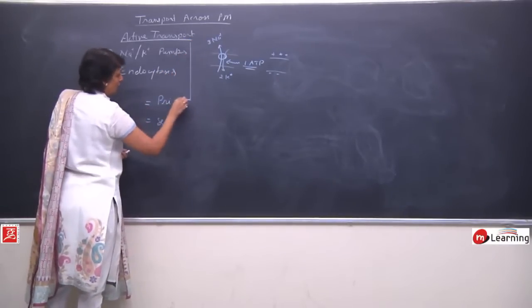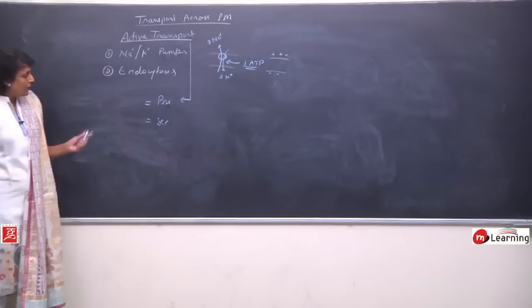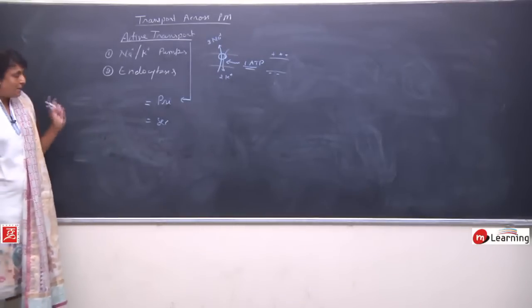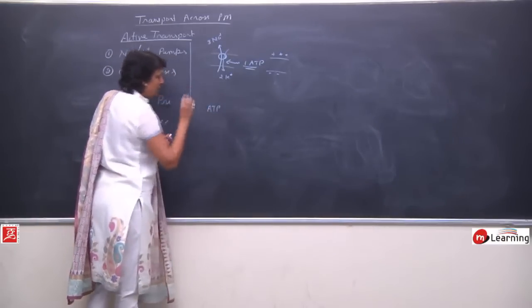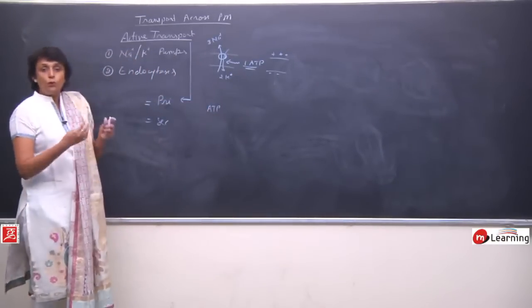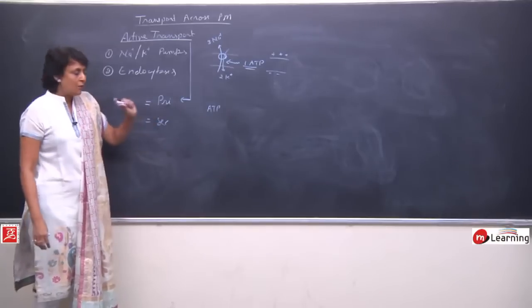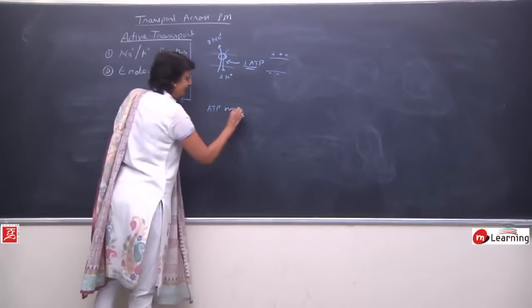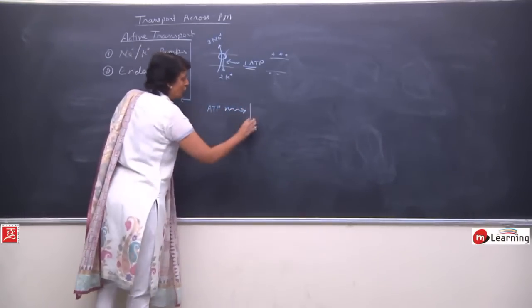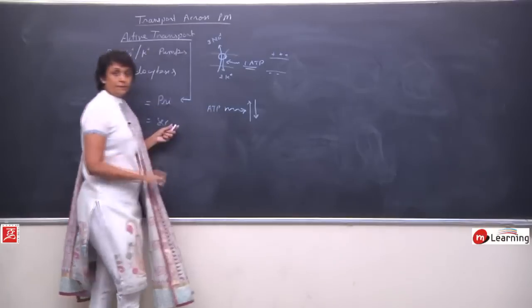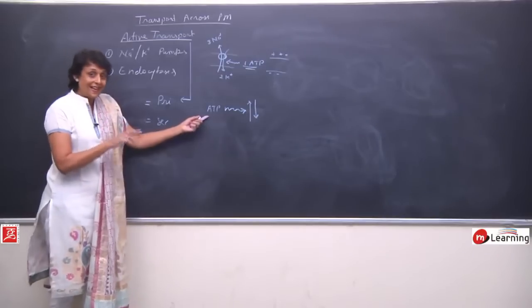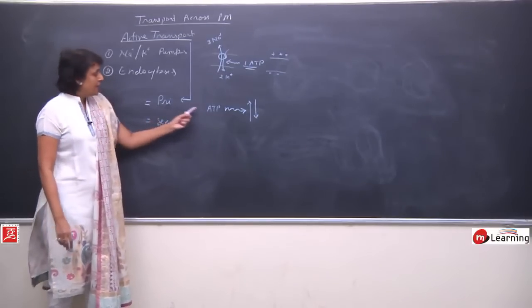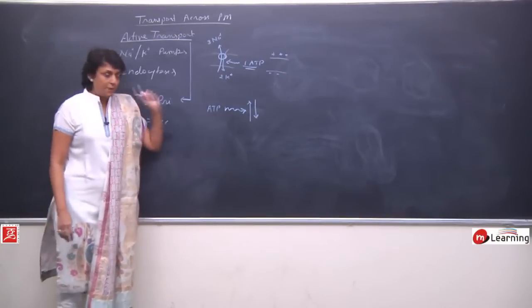What is meant by primary? Primary means that ATP is broken and energy is taken from ATP, and that energy is used for exchange of substances. So, what is the source of energy? ATP, directly the energy source. Then it will be considered as primary.